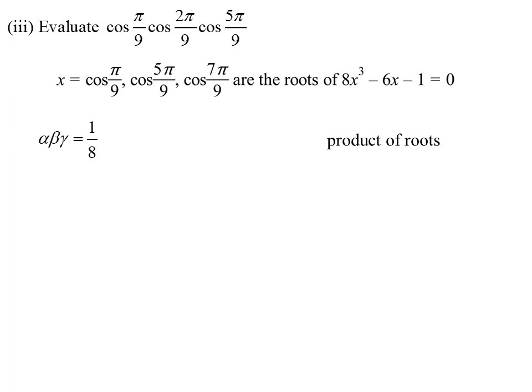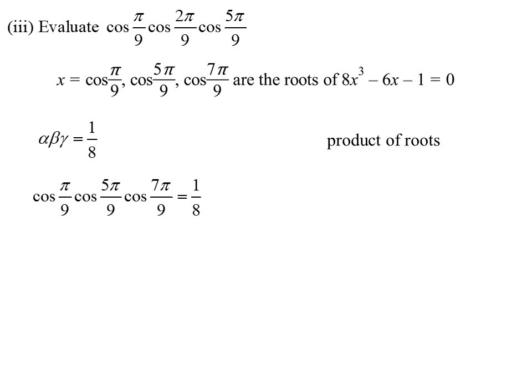Not quite what they're asking for. Very, very close. Cos pi on 9, cos 5 pi on 9, cos 7 pi on 9. Let's think about 7 pi on 9. Where is it? It's in the second quadrant, so the cosine is negative. Its equivalent acute angle would be 2 pi on 9.